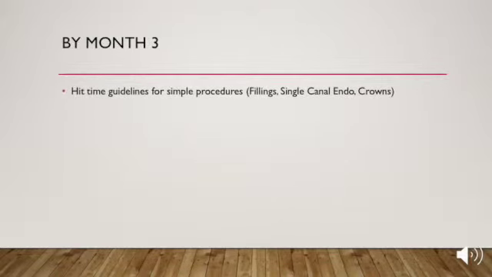So by 3 months, hopefully they'd be able to hit those guidelines for simple procedures. Those time guidelines would include how much assistant time, how much doctor time, and then how much assistant time to finish up.